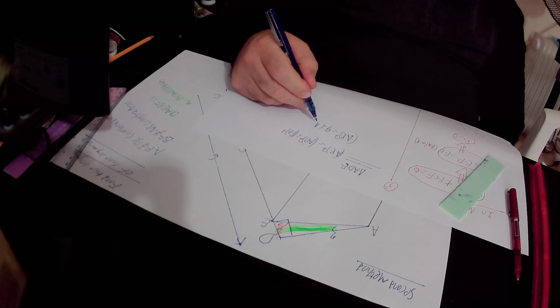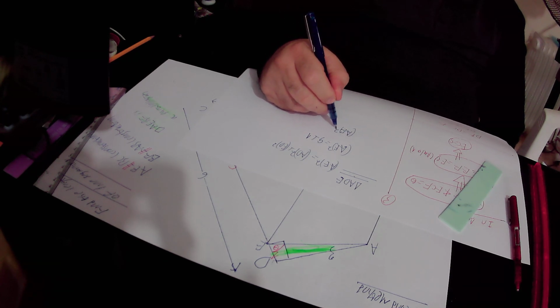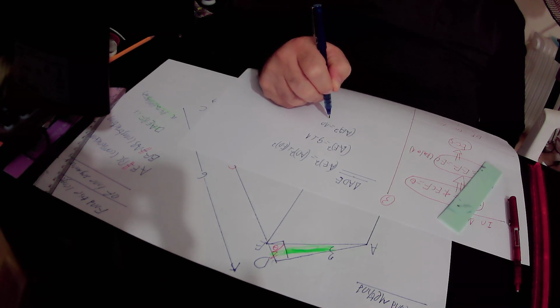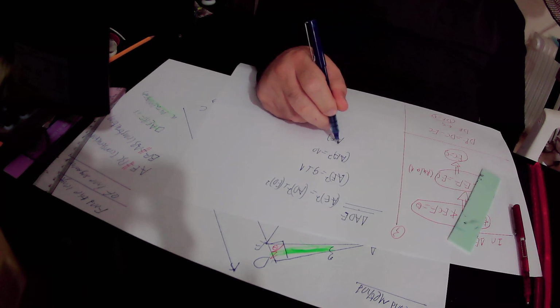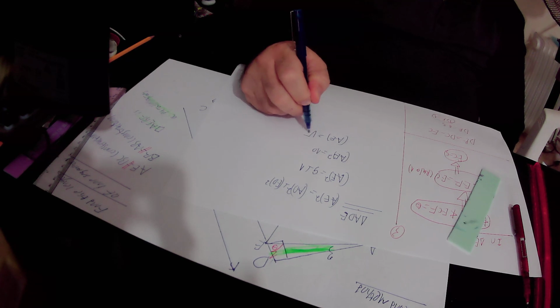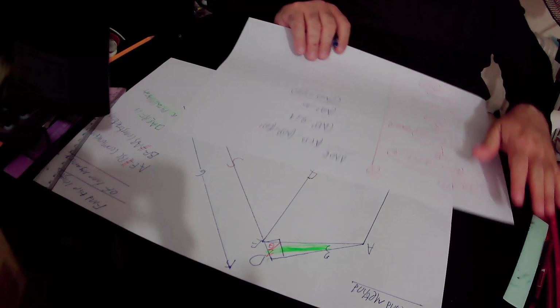So AE squared equals 9 plus 1, that is 10. We take the root and get that AE equals square root of 10 units.